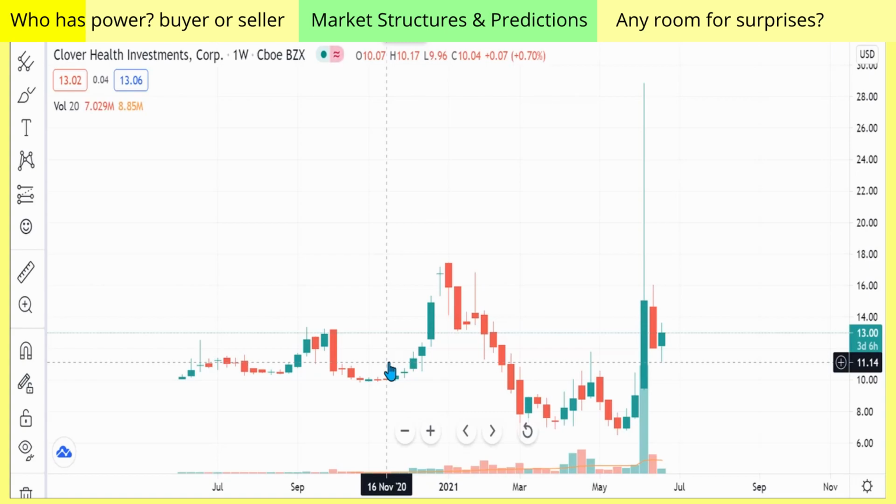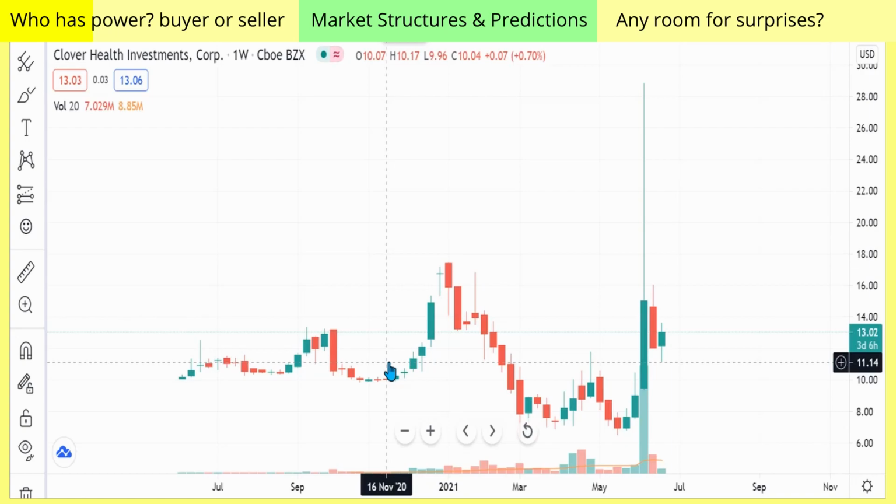When a sideways pattern happens, it means there is equilibrium in power between the buyers and the sellers. Both of them are equally powerful. One is pulling up, one is pulling down, one is pulling up, one is pulling down, so neither of them wins the market.